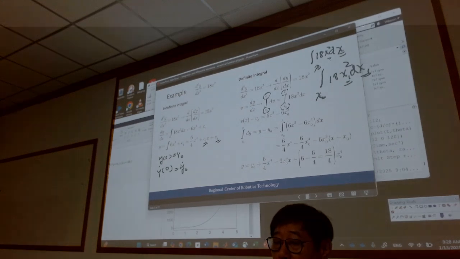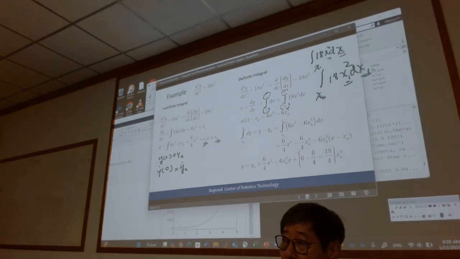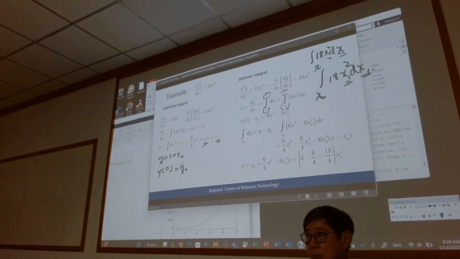If you substitute this, x1 will be gone. So to write it correctly, you must write it this way.